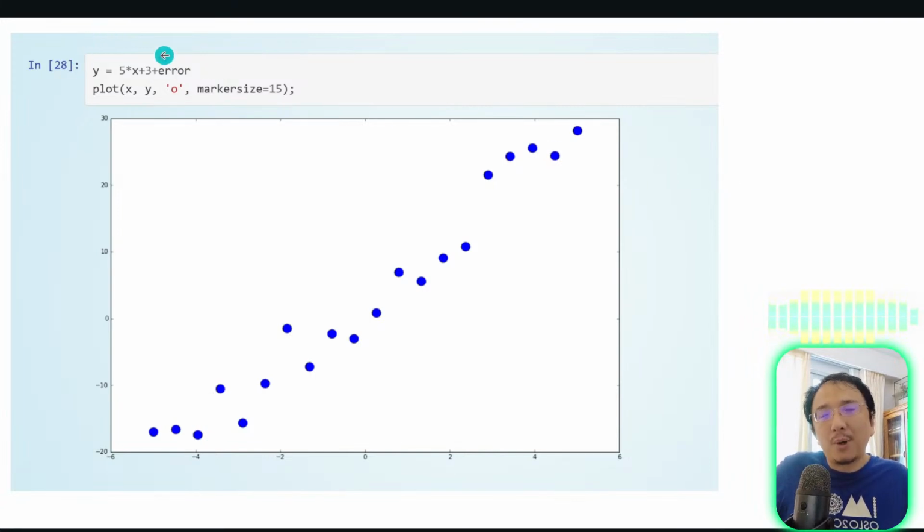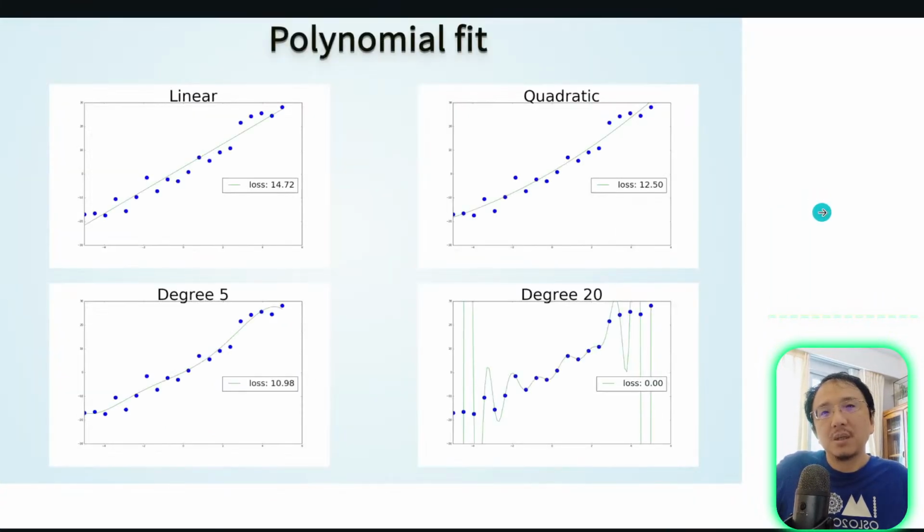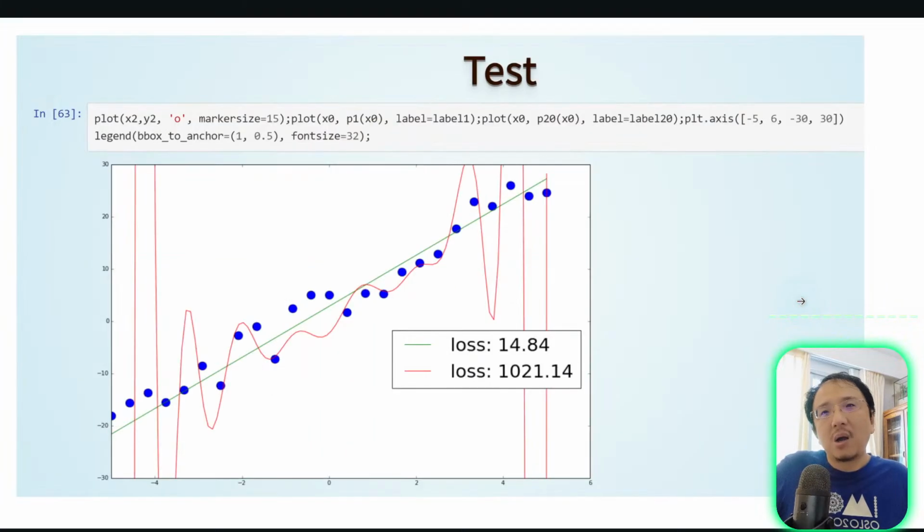The real problem and task we need to mimic is this 5 times x plus 3. So if the training loss becomes 0, at test time it is not good, because you can see that when we generate another set of data right here, the prediction is not good.